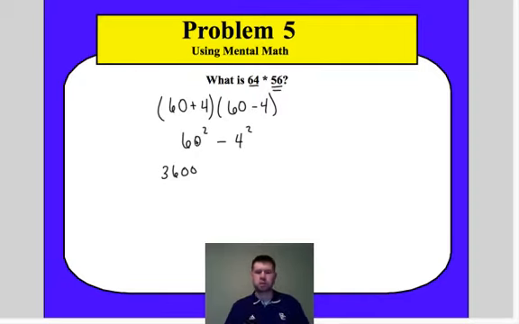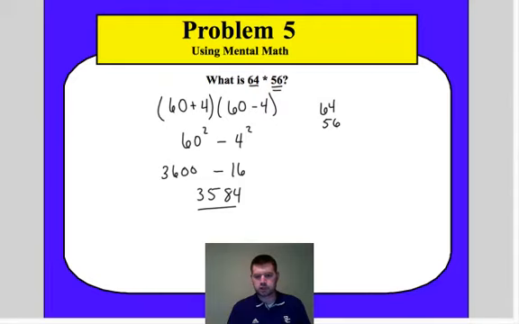So I'm not actually saying what's 60 squared, I'm kind of breaking that down and working through it. And then I know that 4 squared is 16. So real quickly I take 3600, subtract 16, and get 3584. Okay, and there would be my end result. And that would be the exact same thing as if I took 64 times 56 and did my whole operation. I would find the same end result.